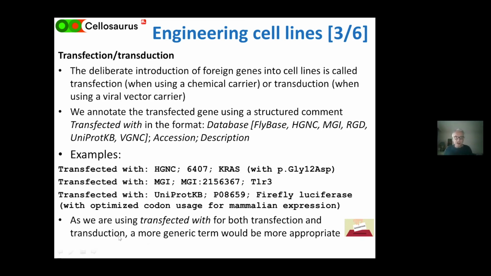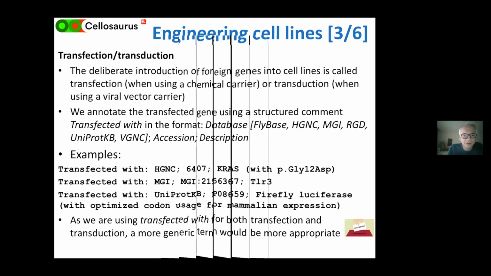So a more generic term would be more appropriate. And if you have a suggestion, I'd be interested, because I couldn't find a good term which can replace both transfection and transduction, except a sentence like 'introduction of a foreign gene', which is not really nice. So if you have a word to replace transfection and transduction with one term which describes both, I'd be willing to use it immediately.